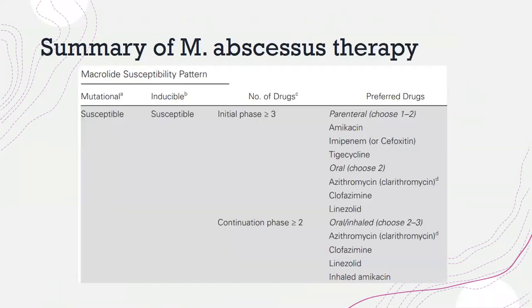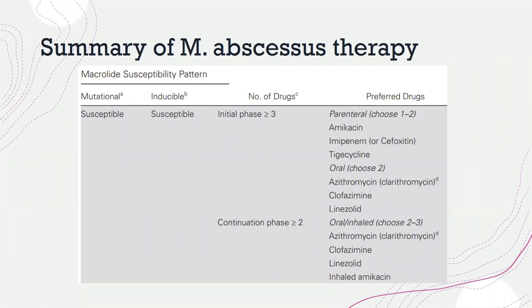To summarize that point, coming back to the subspecies, there is a subspecies that has macrolide resistance and a subspecies that does not. In the subspecies massiliense, when you have no risk of macrolide resistance, you treat those patients with a macrolide regimen.